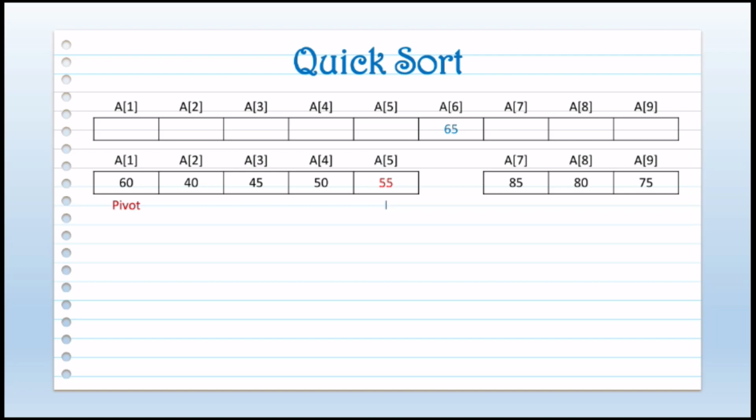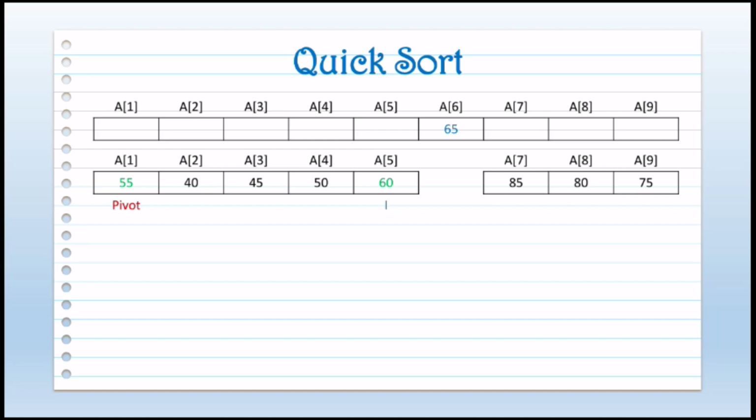So there is no element further. That means we have to stop here, and we have to exchange 55 with 60, that is with the pivot element. So 60 will go to the 5th position and 55 will come to the first position. So now you can see the elements present before the 60 are less than 60, and there is no element further.